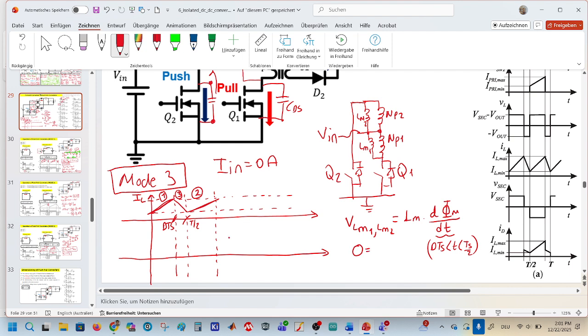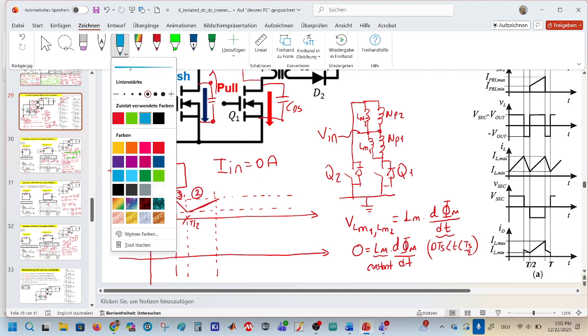And Lm is just a constant. And the change of flux during the third mode is equal to zero. That means that the flux should be constant.